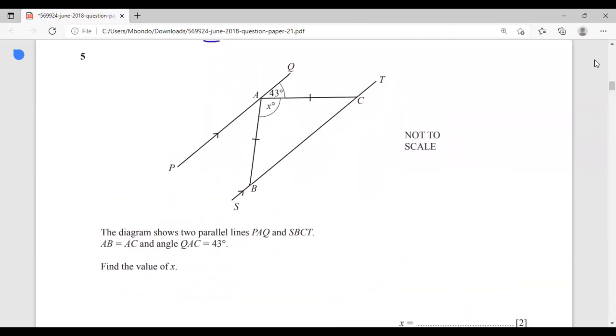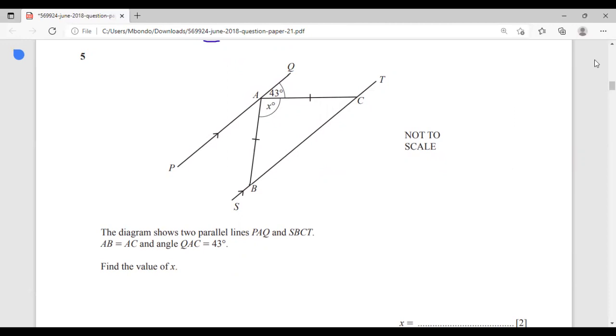Then the diagram shows 2 parallel lines. Okay, so we have this line as well as this. AB is equal to AC, yes. And angle QAC is equals to 43.